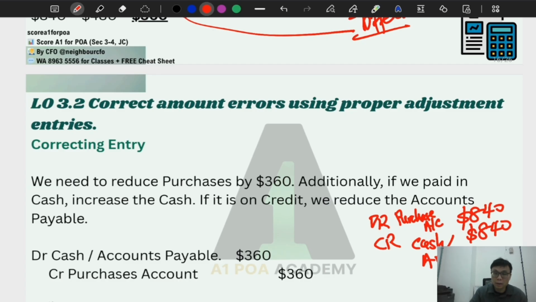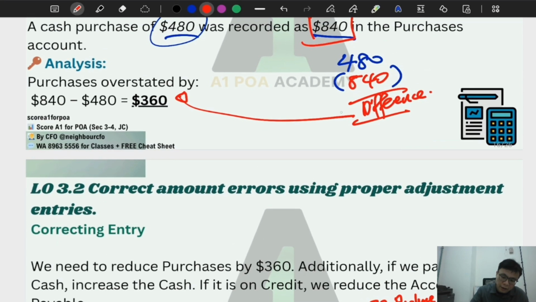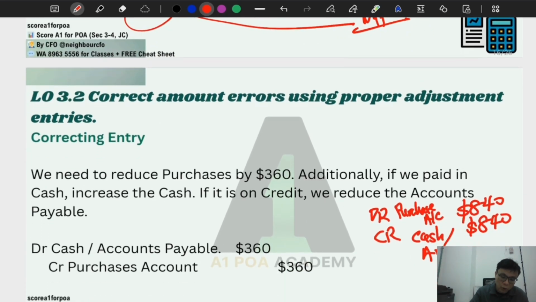It is probably a purchase of inventory. So in this instance, we know that the difference we need to adjust in order to get the correct account amount is to reduce, because these two accounts are overstated. And therefore, in order to do so, we have to do the reversal.